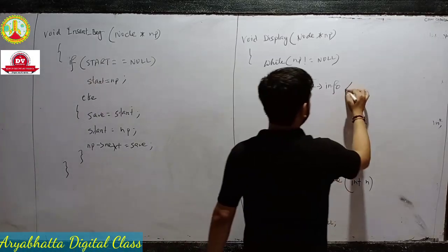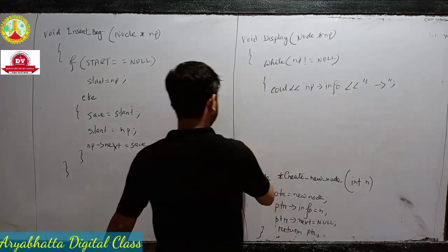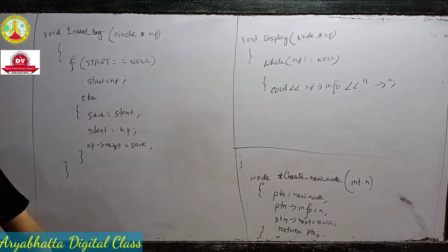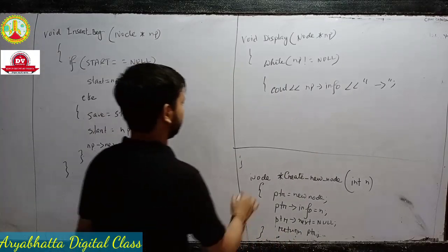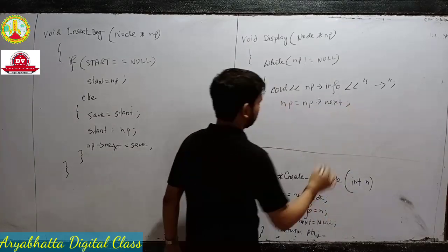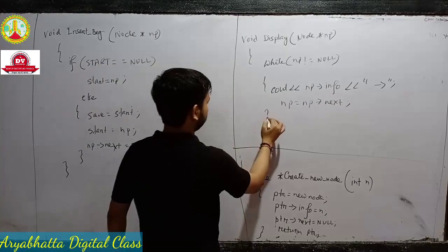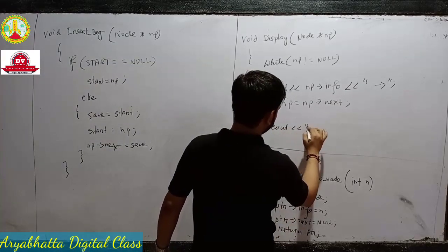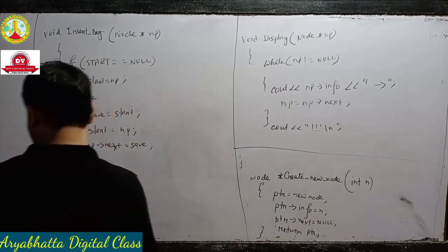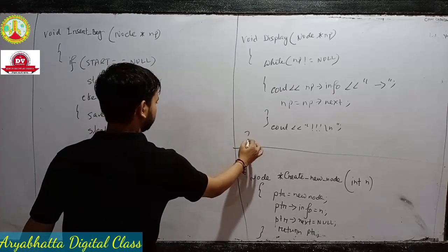This is for designing purpose, and NP is equal to NP next. Then the new line. Okay.